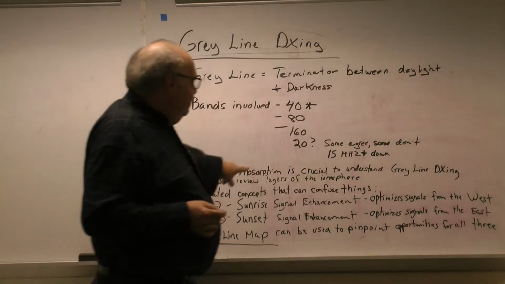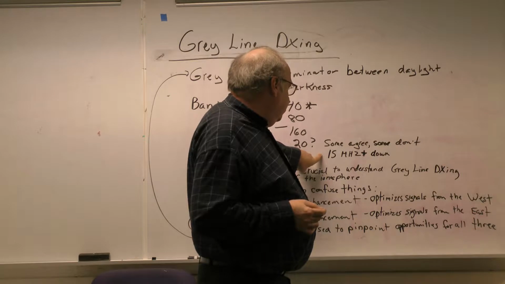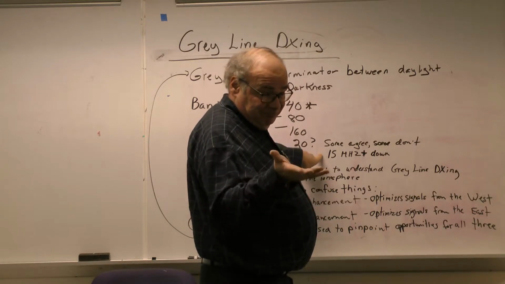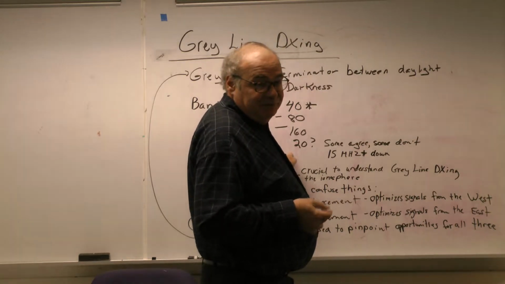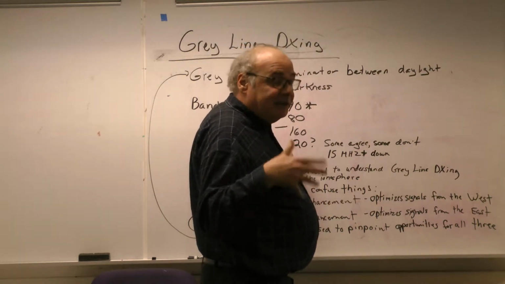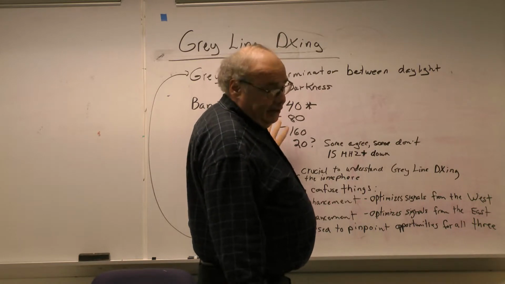And basically what some suggest is that absorption ceases to be important at around the 15 megahertz point, which would include then 20 as part of gray line DXing, or a band that can take advantage of it. It's just not as pronounced as it is on 40, 80, or 160.